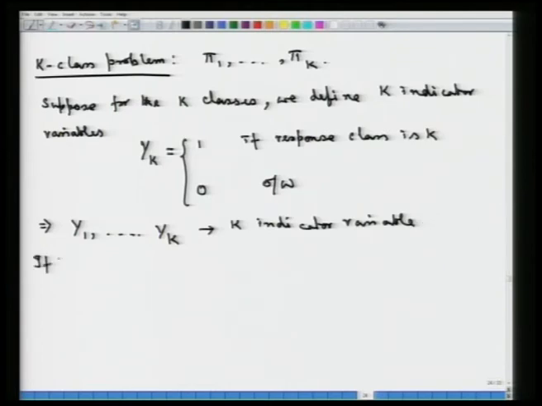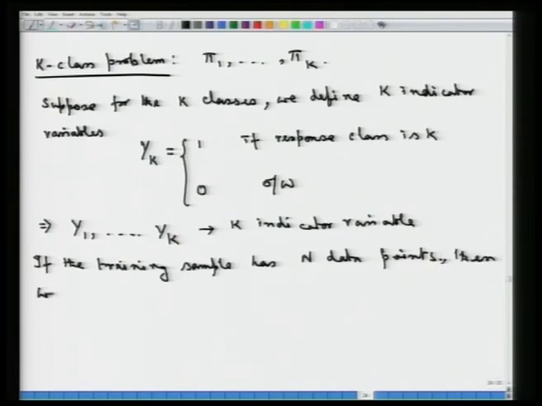Now, if the training sample has n data points, then corresponding to these k defined indicator variables we will have a matrix Y which is going to be an n by k matrix.